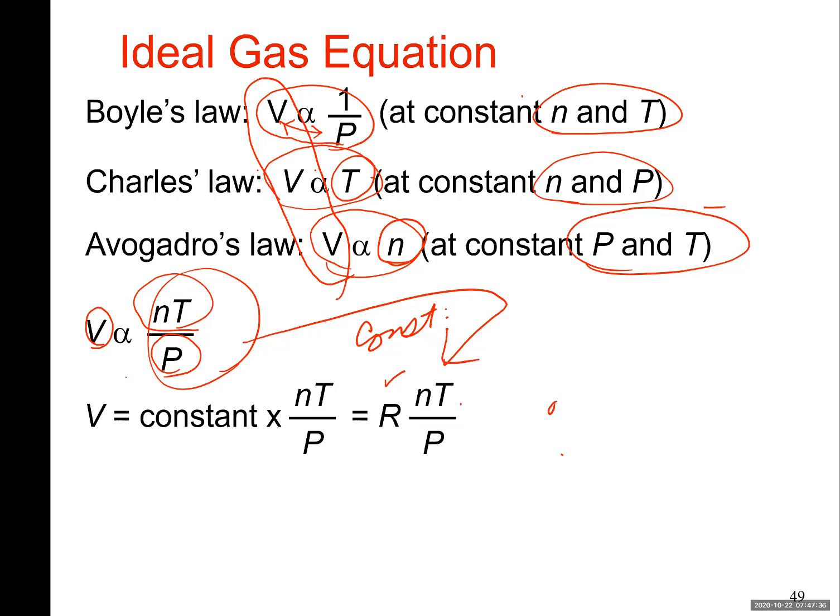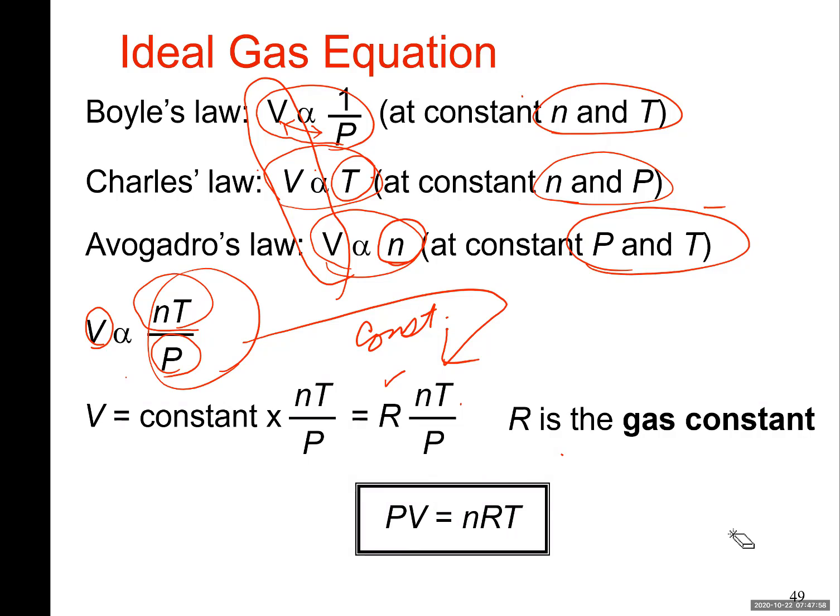Now I need to calculate R. Once I calculate it, it's constant, it's not changing. I can use it for any problem solving related to gas laws. So let's do that. R is called the gas constant.